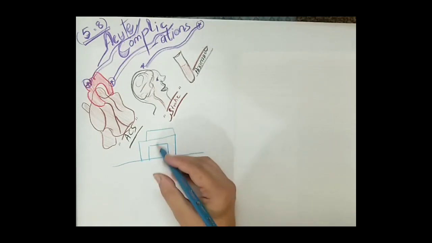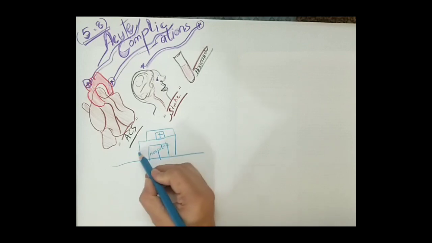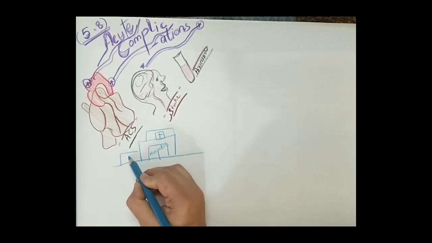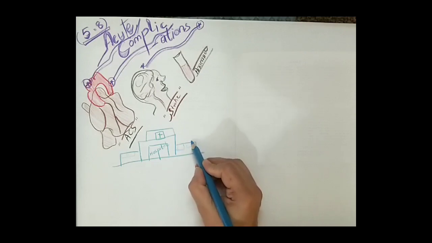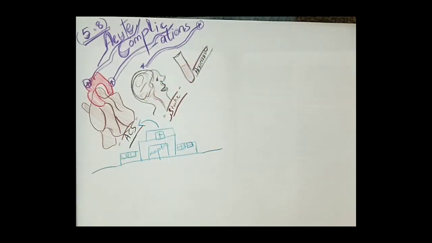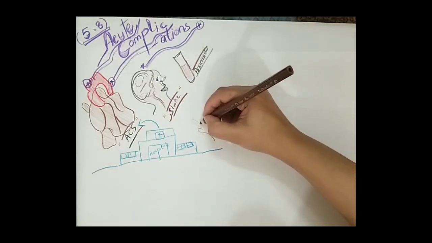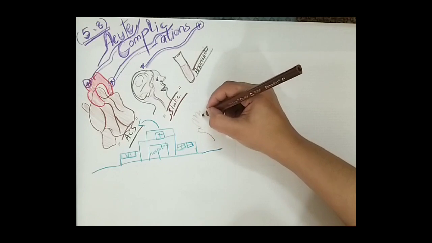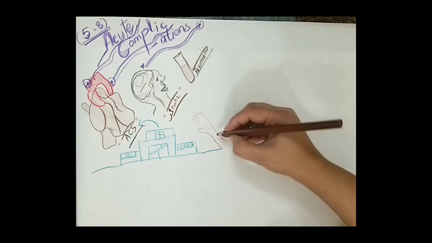And I'm drawing the picture of a hospital. Why? Because there should be certain arrangements in each and every hospital for managing complications. If they have labeled their building as a hospital, then there must be arrangements for the management of acute chest syndrome, and there should be arrangements for transfusion therapy as well.